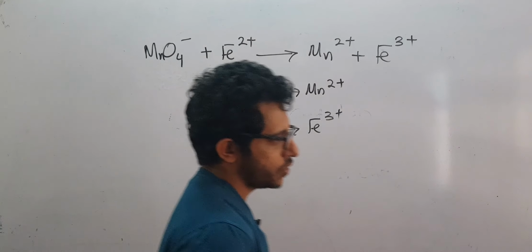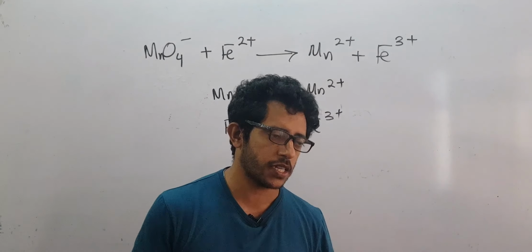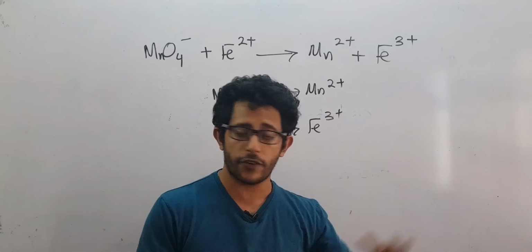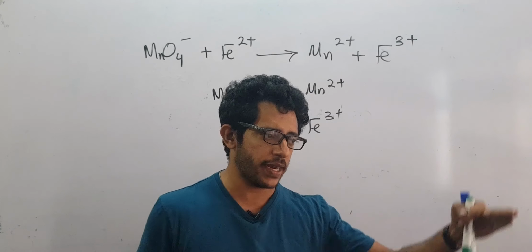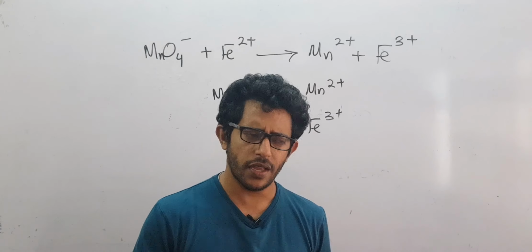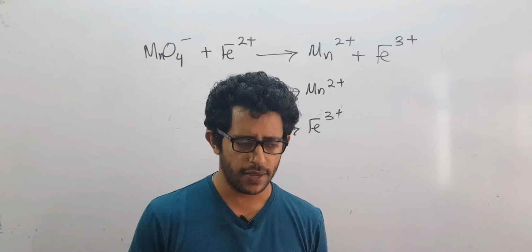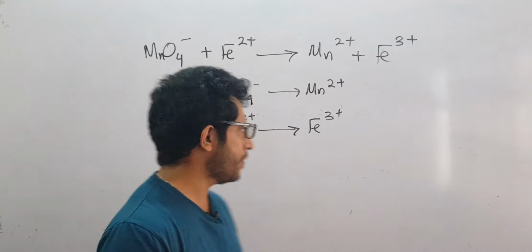In papers they usually ask you to write the oxidation half reaction that gives Fe2 plus to Fe3 plus, and the reduction half reaction that gives MnO4 minus to Mn2 plus. They will be given like this for units 2 and 3. In unit 5 they won't be given, you have to work them out, but here this is up to unit 2. So you will be given this reaction.